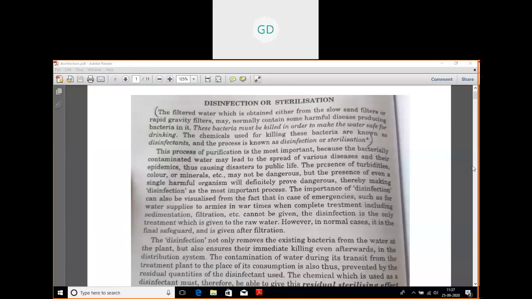One single bacteria can upset your stomach very quickly. Disease-causing bacteria are more harmful than turbid water, colored water or otherwise impure water.